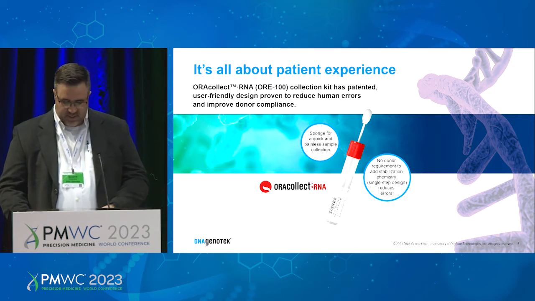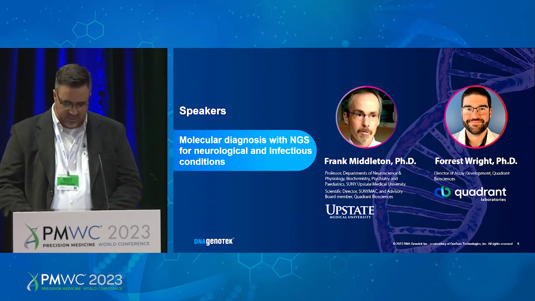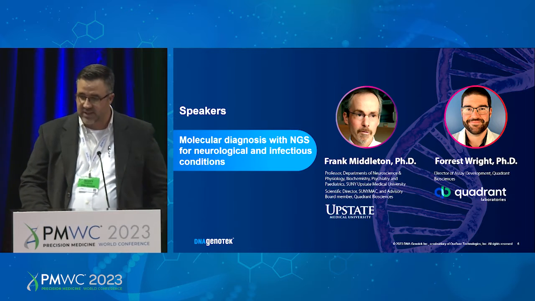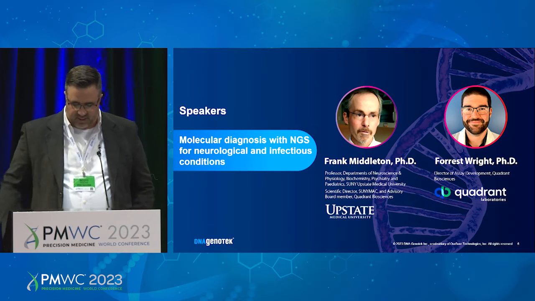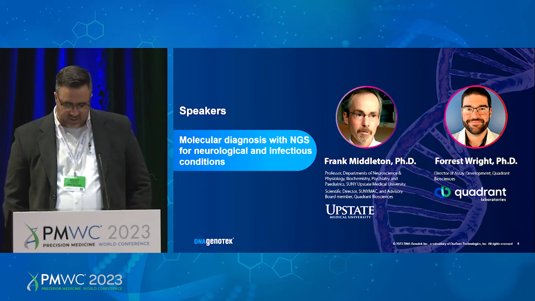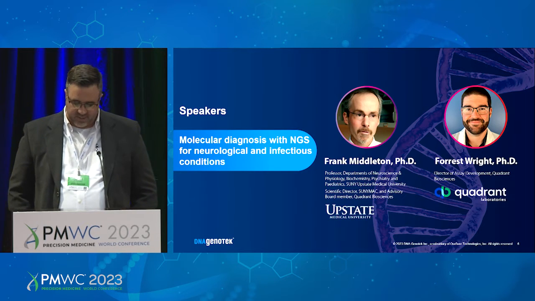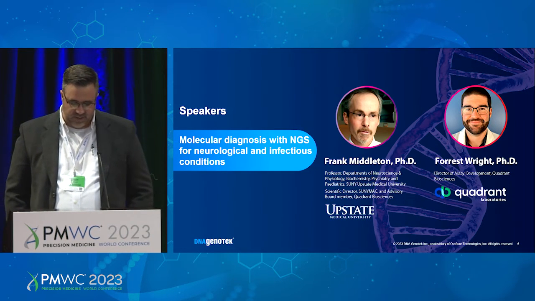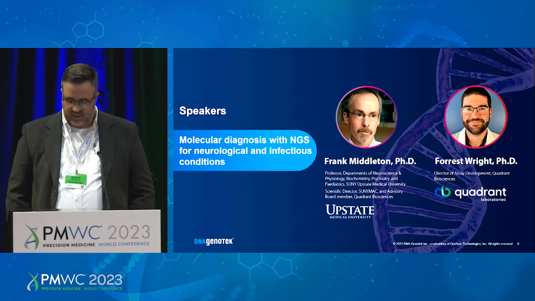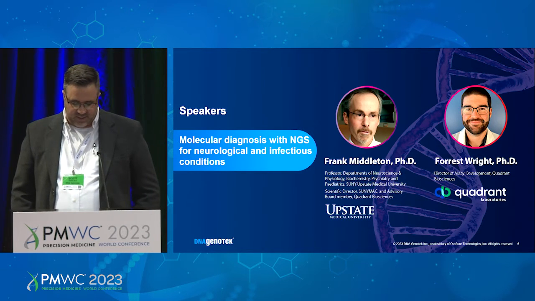So I'd like to introduce our speakers. Dr. Frank Middleton is a professor in the Department of Neuroscience and Physiology, Biochemistry, Psychiatry, and Pediatrics at SUNY Upstate Medical University. He's the founder and director of the SUNY Molecular Analysis Core Facility, which specializes in next-gen sequencing analysis.